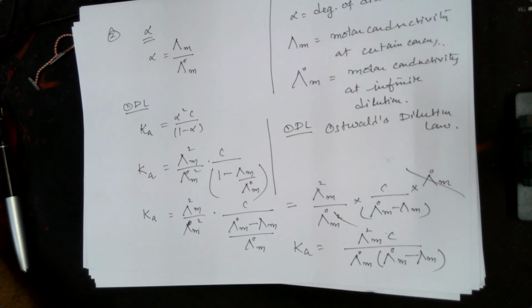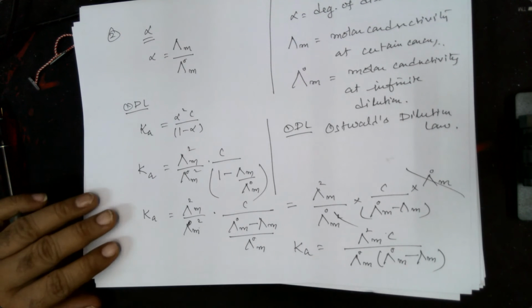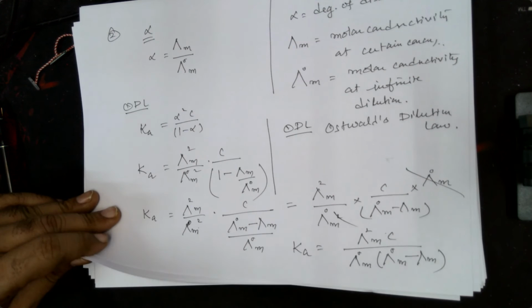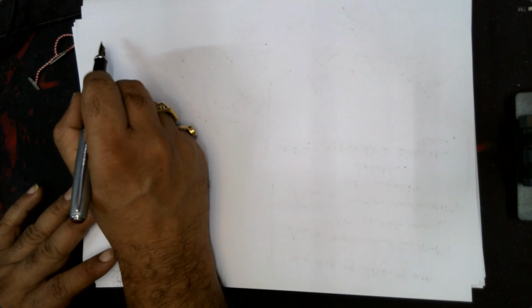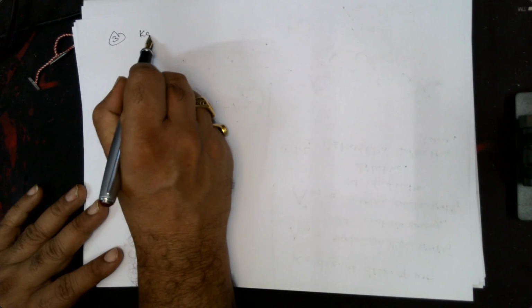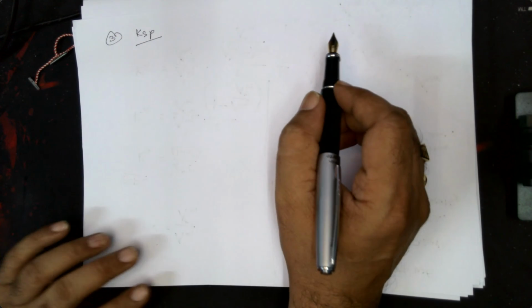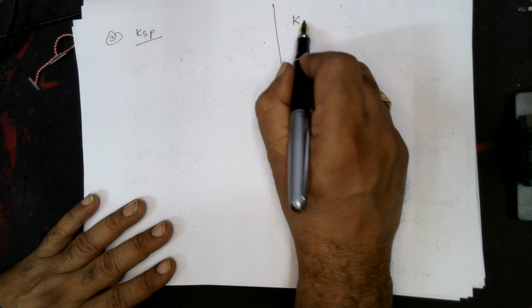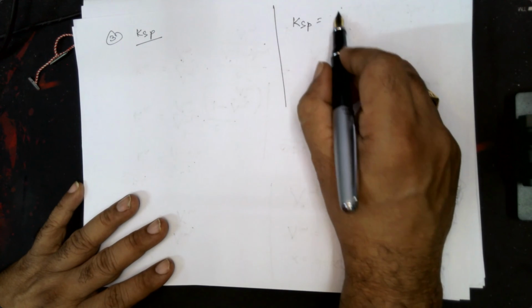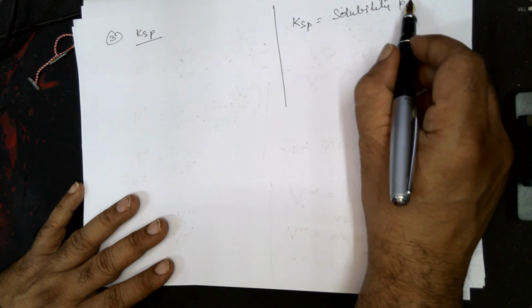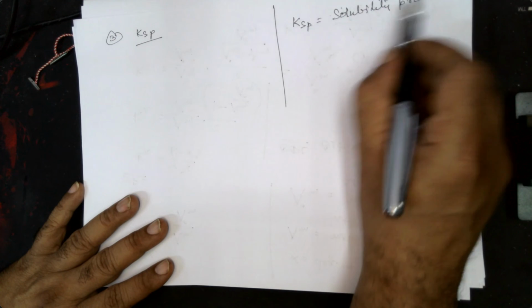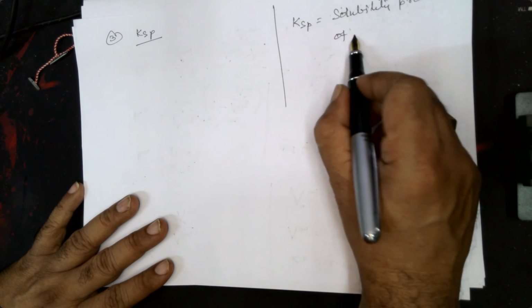Next one, calculation of solubility product of sparingly soluble salts. It's called simply KSP, the solubility product of a sparingly soluble salt.